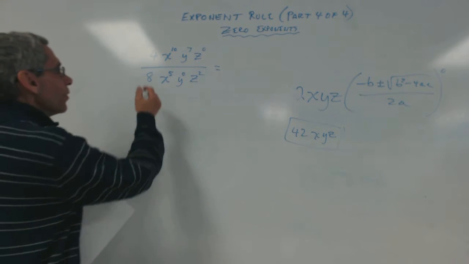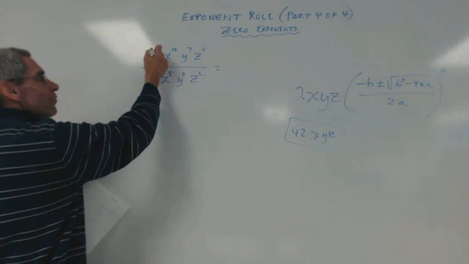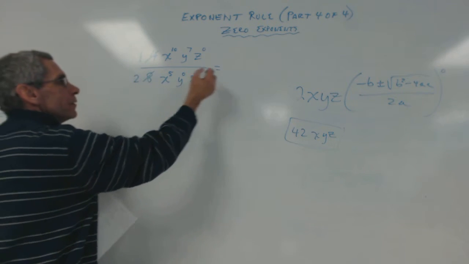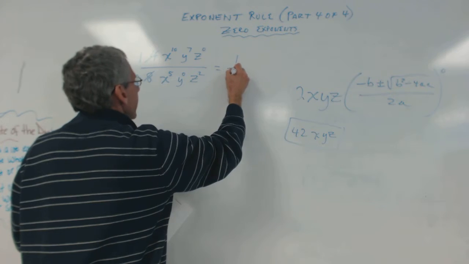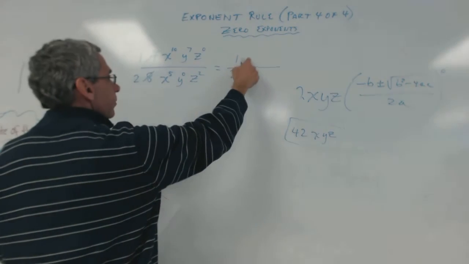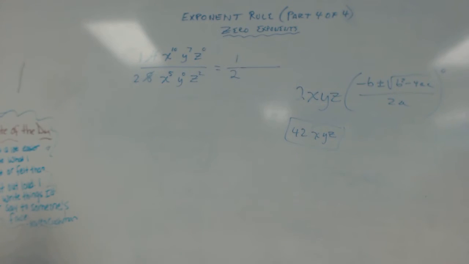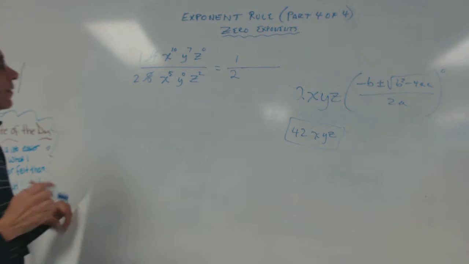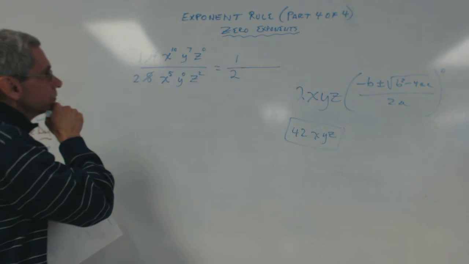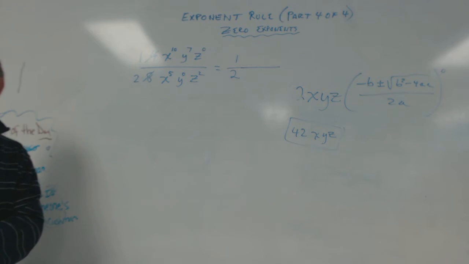So 4 goes into 4 once, 4 goes into 8 twice. So it'd be 1/2. Okay. What would I put on top? Then it'll be x to the 5th on top, and then y, the y would be on the top.